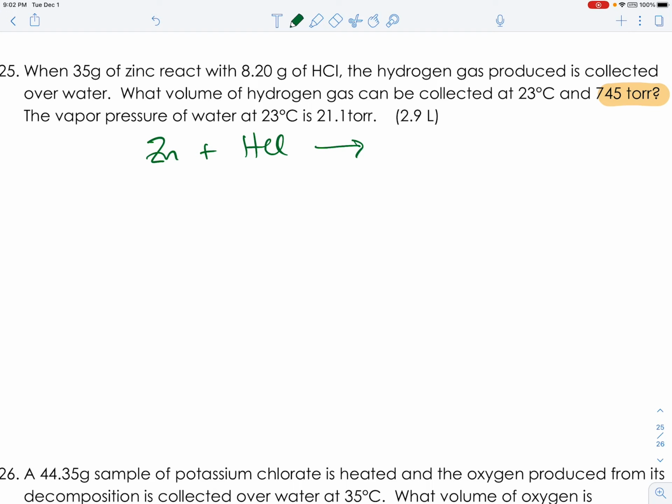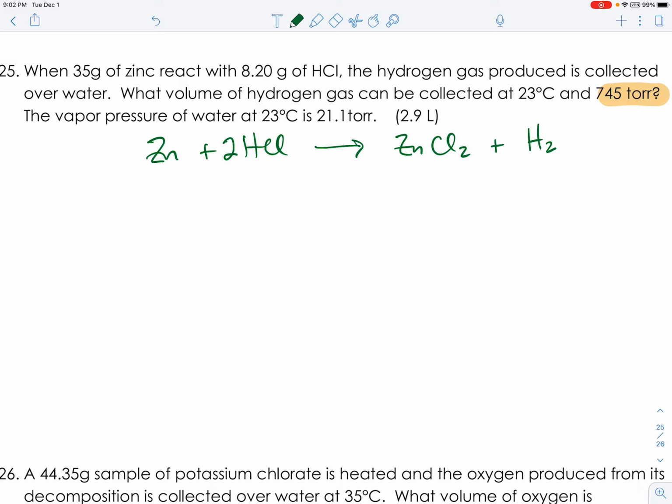And then chloride's charge is -1, so one of the products would be zinc chloride, and then the hydrogen comes out as the element hydrogen, but that's a Hofbrinkel element, it's diatomic. We need to write H2. To balance the equation, we put a 2 there. So now we have a balanced equation.